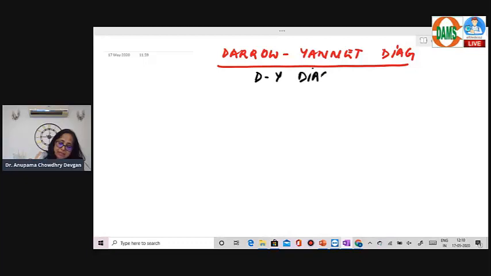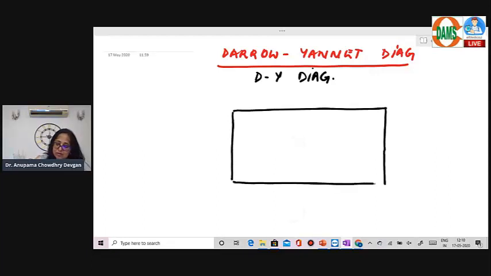In the Darrow-Yanet diagram, we use a rectangle to represent the total body water. Volume is represented horizontally and osmolality is represented vertically.